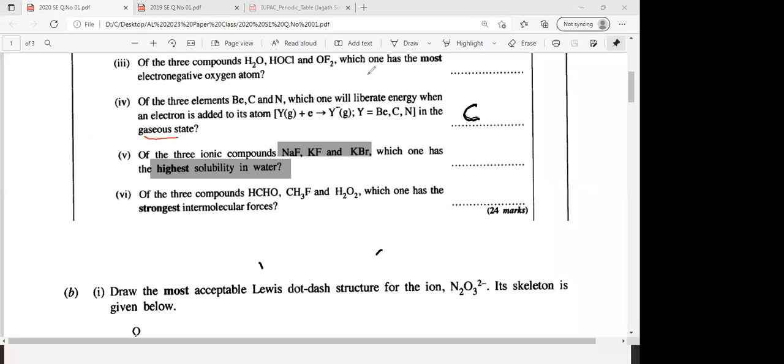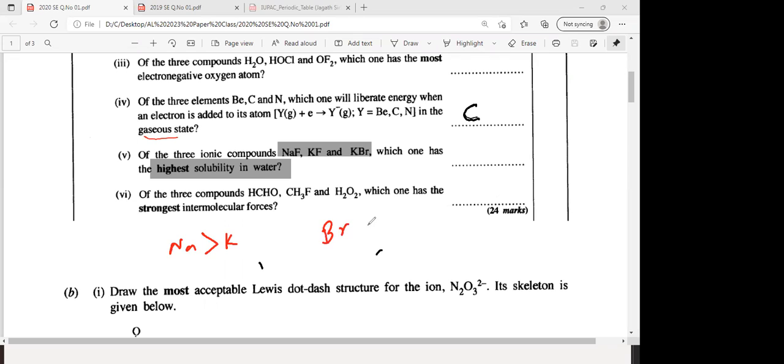Okay, so actually what matters here is size. Br minus is larger than F minus, and K is larger than Na. That's number one.